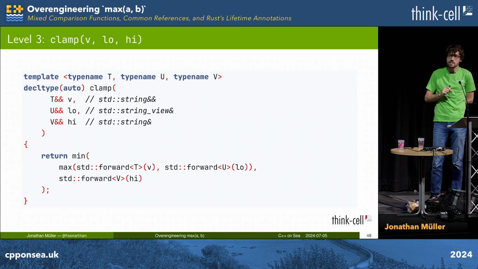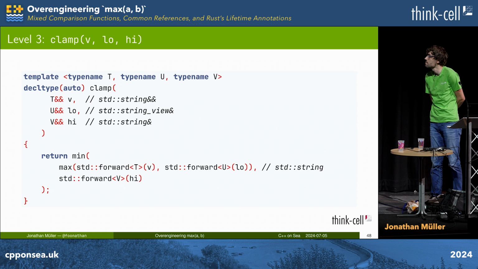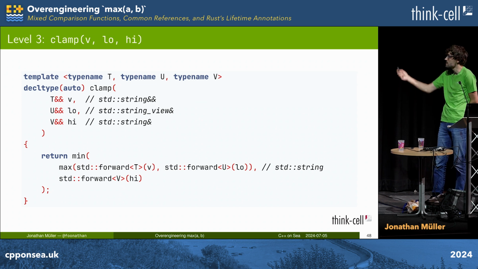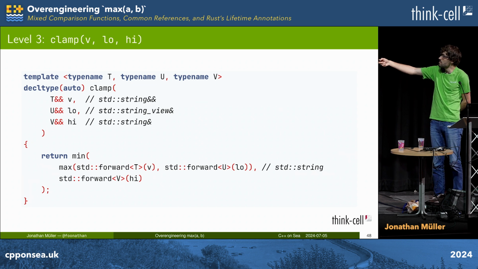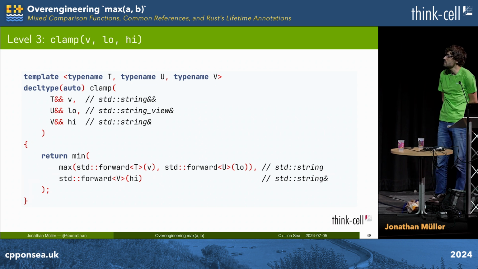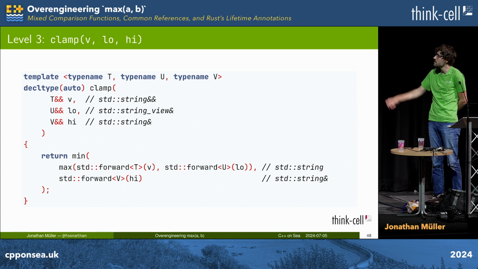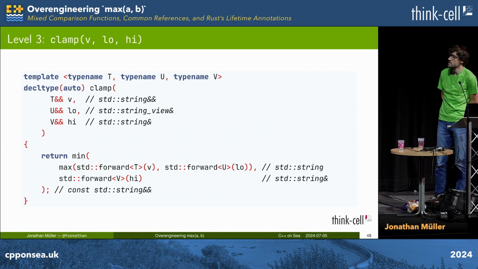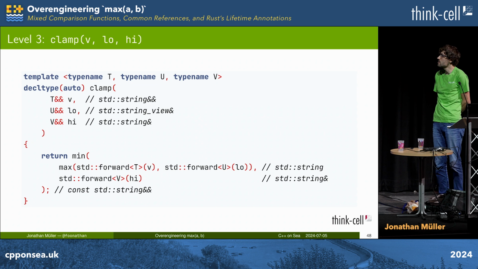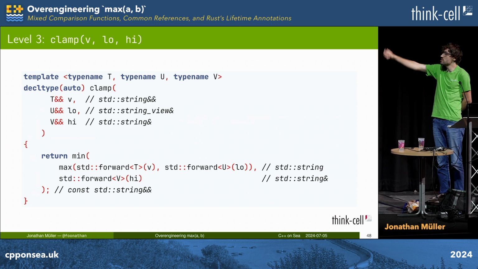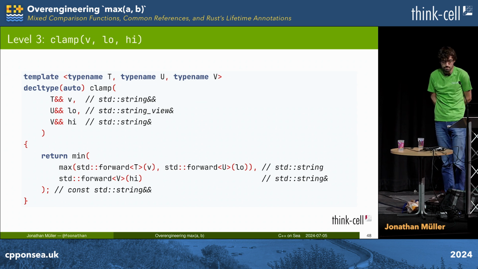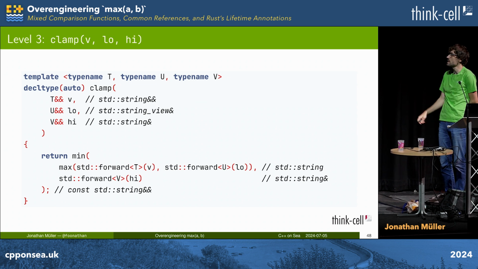They don't share the same underlying type, so we fall back to common type and return a string PR value, because it's what's necessary. We then compute the minimum between the string PR value and high, which is the string lvalue reference. The result of a PR value and an lvalue, in our case, is a const rvalue reference. But crucially, it's a const rvalue reference to a PR value created inside the function. We then immediately return it and just return a dangling reference. So this code, when mixing types in this way, just doesn't work. We return a reference nobody is supposed to use.